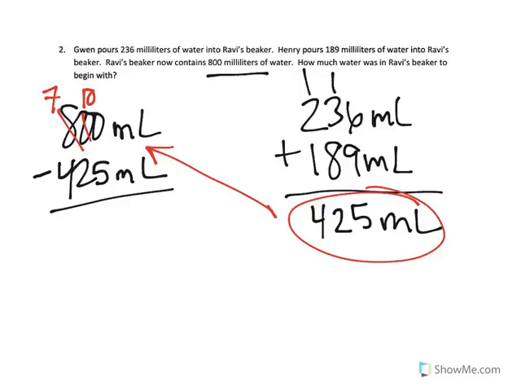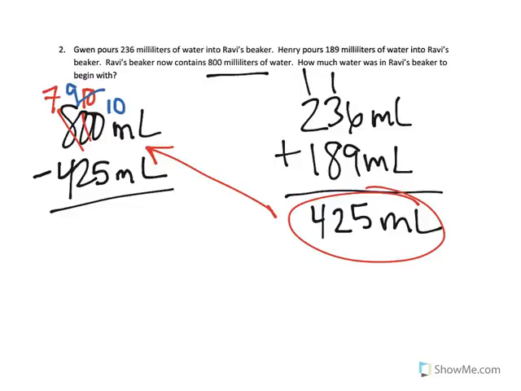Okay, and then we still need to borrow from that last 0, so we need to take another 10 away from there and put it over here, and then add that 10 to that 0 in the ones place. Alright, so now we can do our subtraction.